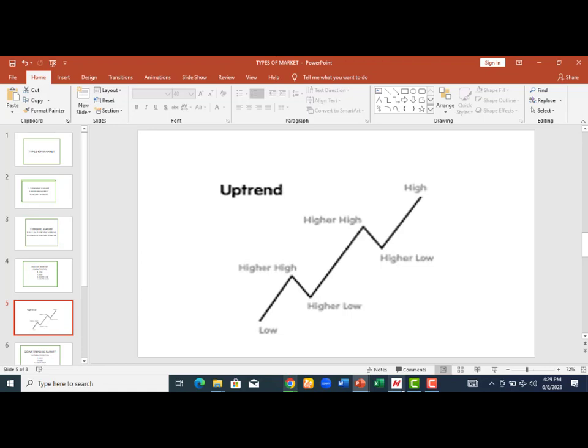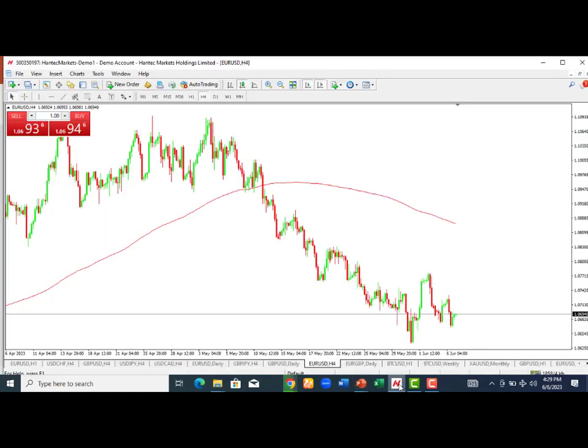Now when you get your chart, what makes the market to move up or down, or to be in an uptrend or a downtrend, is the money pushed into it. As a matter of fact, the Forex market does not know you, and it doesn't know me.